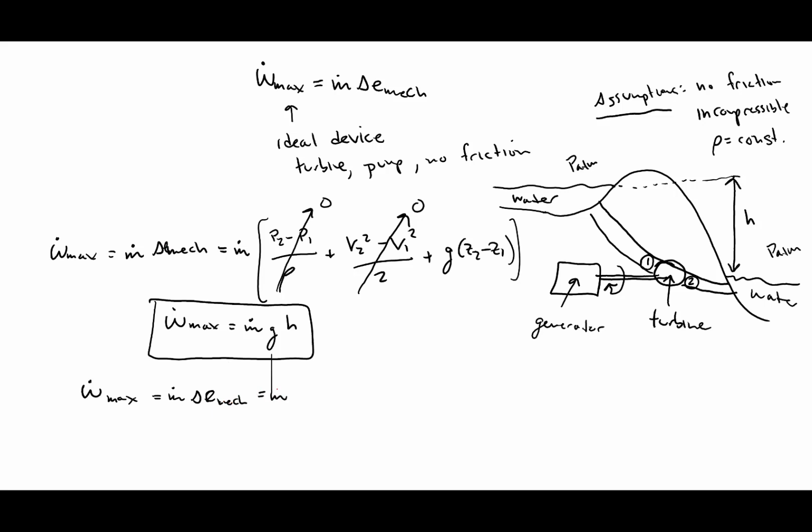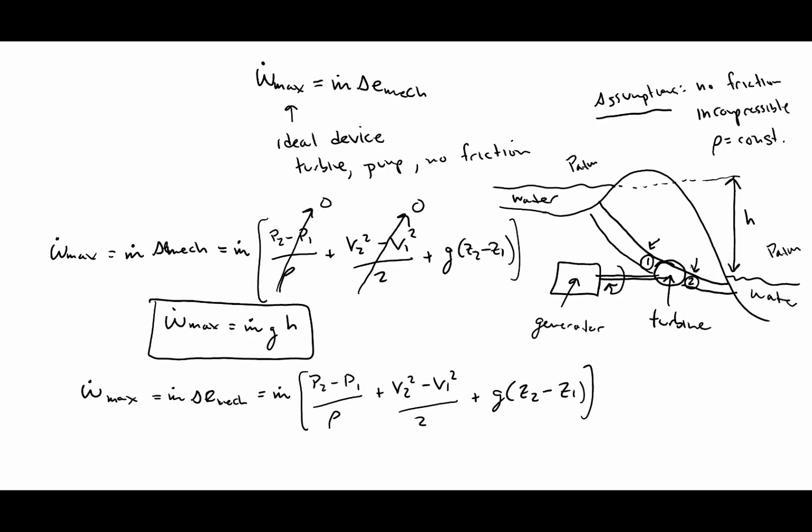So this is equal to the mass flow rate multiplied by (P2 minus P1)/rho plus (V2 squared minus V1 squared)/2 plus g(Z2 minus Z1).